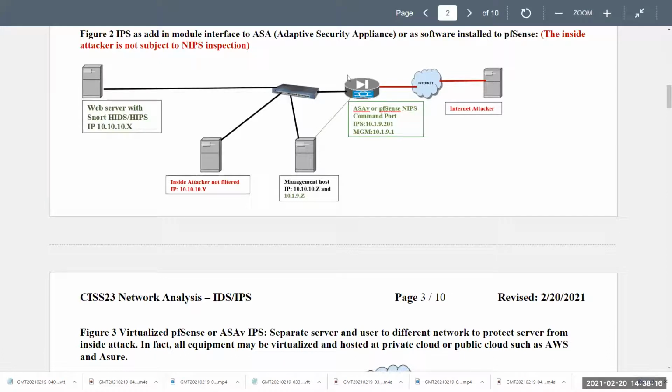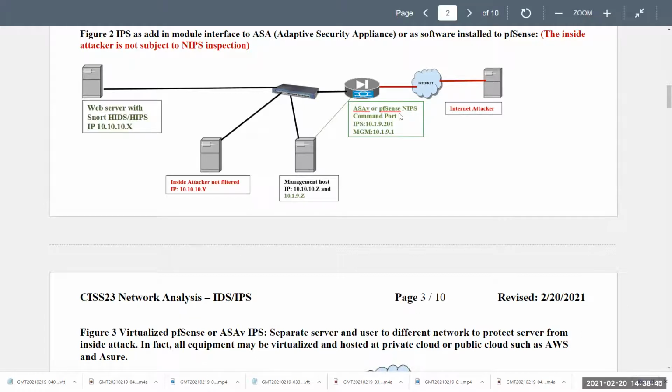In our class, we use the ASA virtualized or pfSense. Those are the two flavors we're going to cover throughout the course, which is an integrated Snort or IDS IPS package manufactured by Cisco or other vendors, either the industry or the open source vendors.